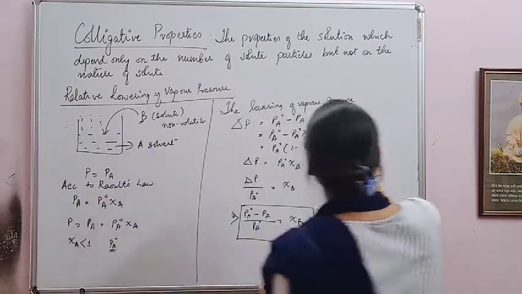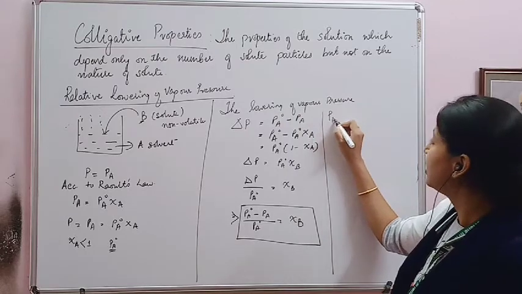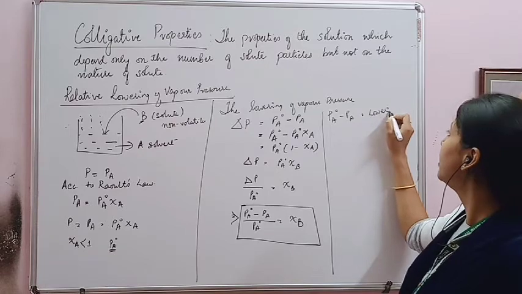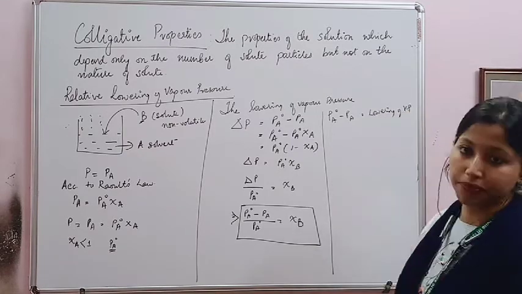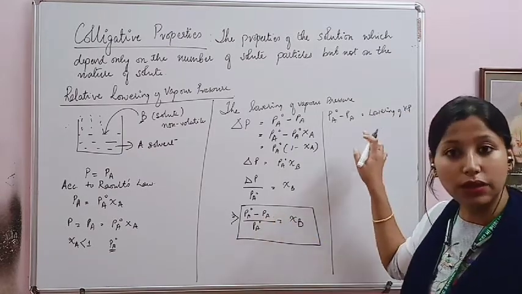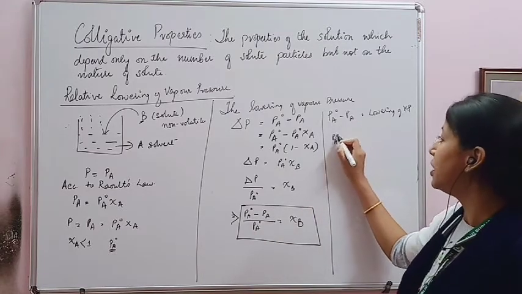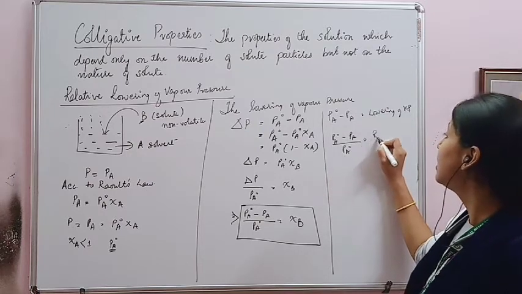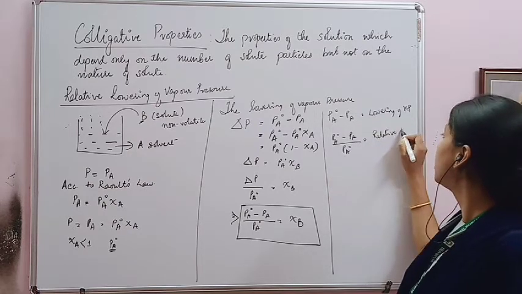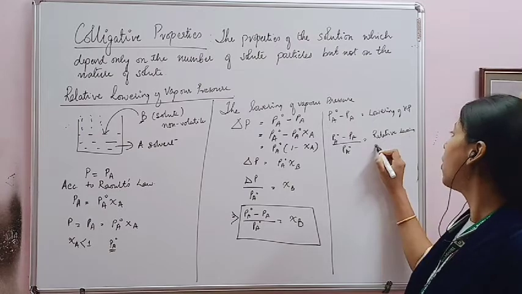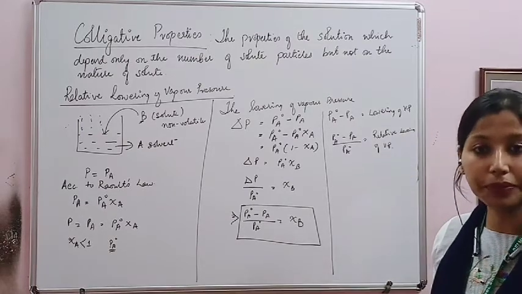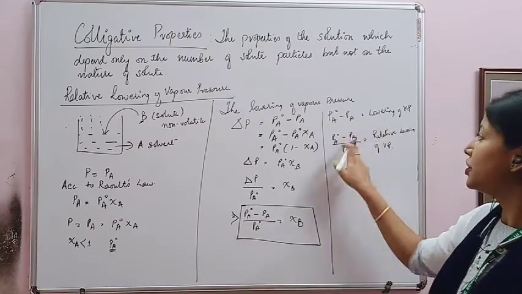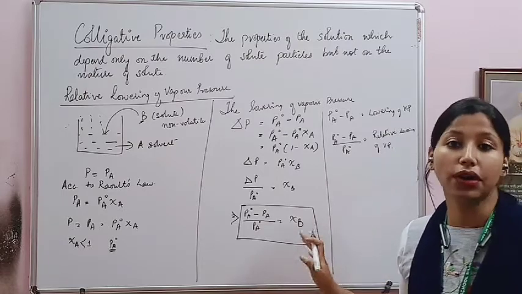Now in this relation, you must remember that PA naught minus PA is the lowering of vapor pressure, and the ratio, that is PA naught minus PA by PA naught, is the relative lowering of vapor pressure.